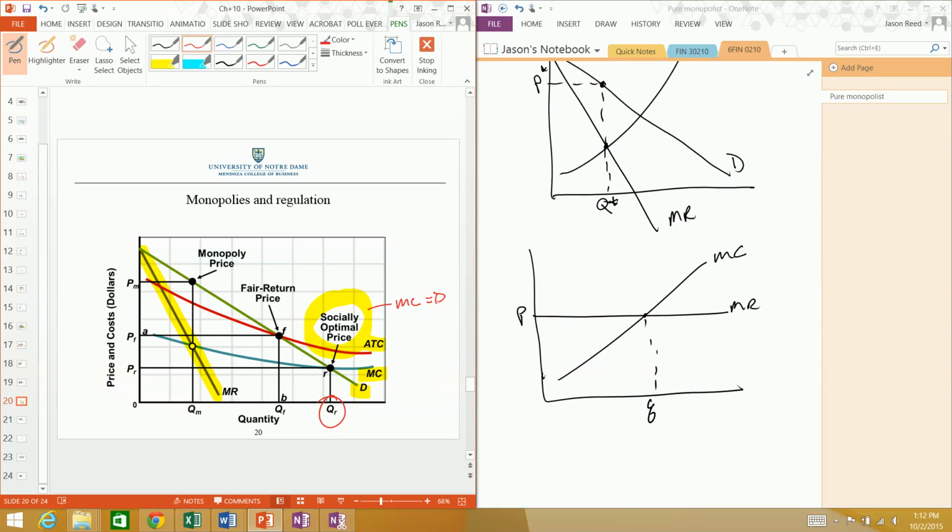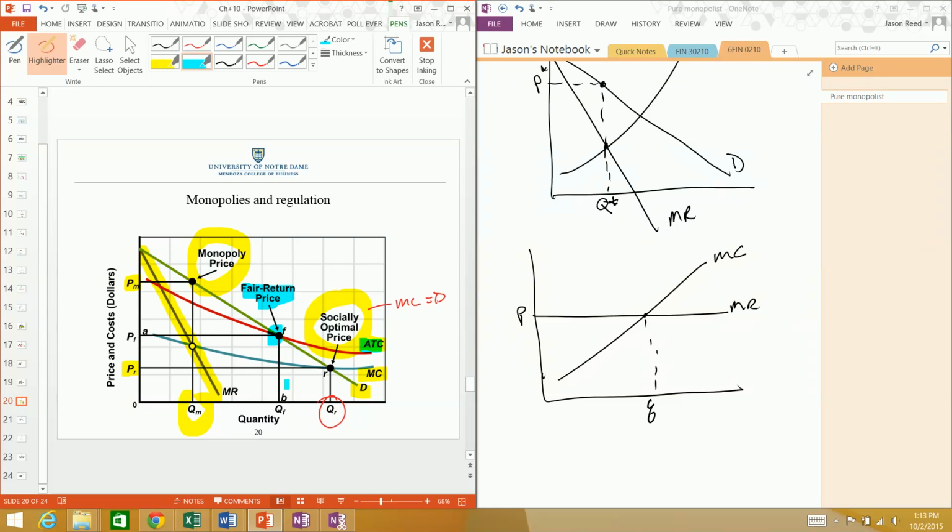So monopolists though could choose to essentially price here. And we know what that would happen. We would have this price for competitive firms, this price for monopolies. And so the government is trying to step away from this. So how do we include this fair return price? Well, again, we have to then look to the point for average total costs.